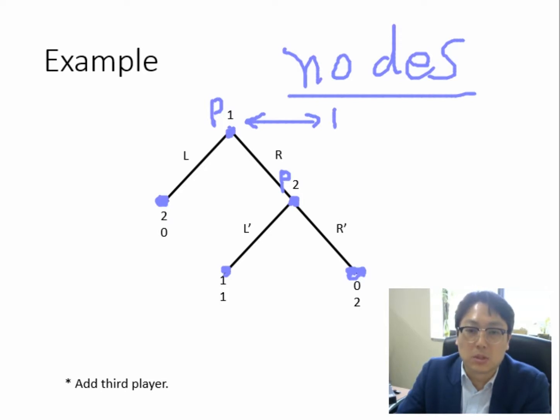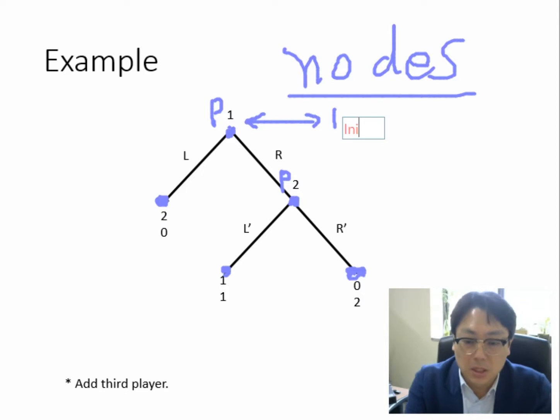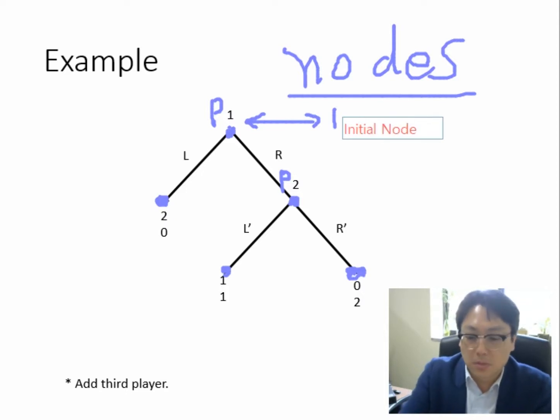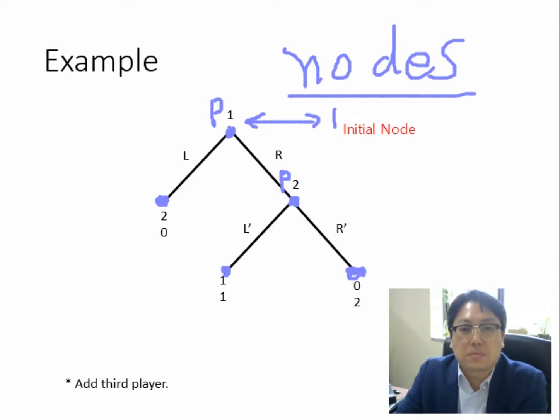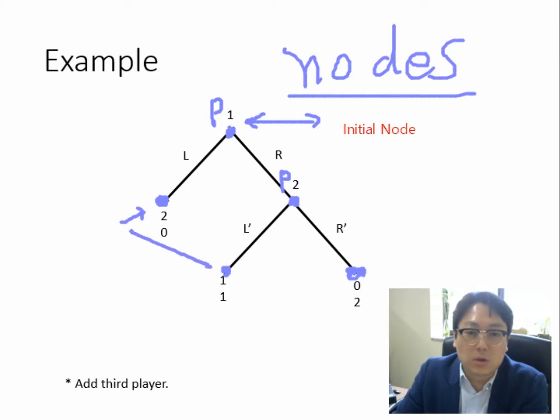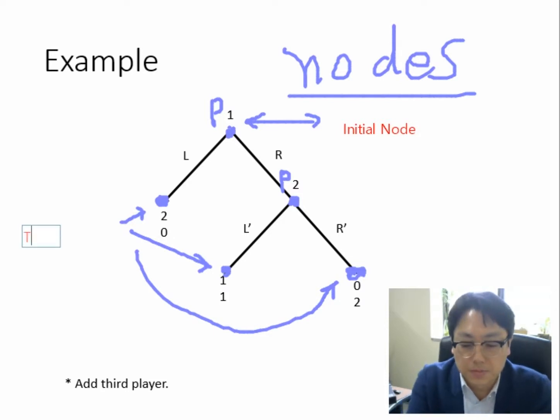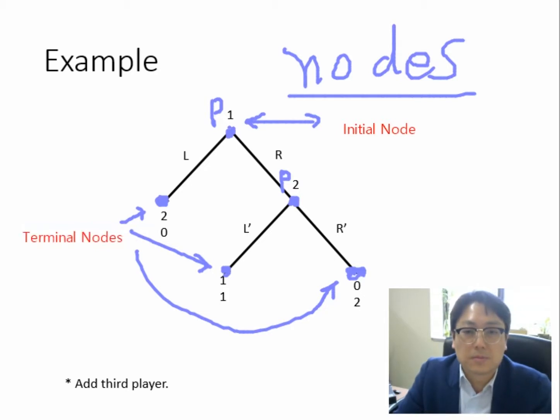I'm going to use this initial node. Okay, and I'm doing this, and this one, and this one, and again this one. These are called terminal nodes.